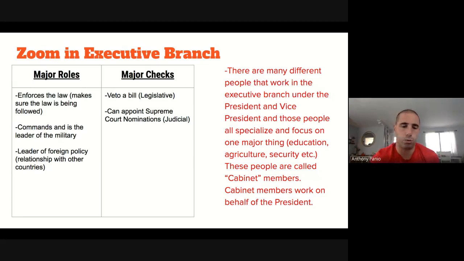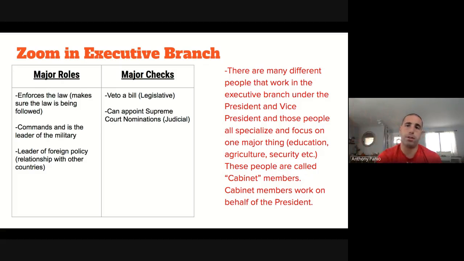Presidents realize they have to do a lot of different things in our country, and we'll see this with the next couple of slides. But the president will pretty much realize that they are not an expert on the roles and responsibilities of every single thing in our country.